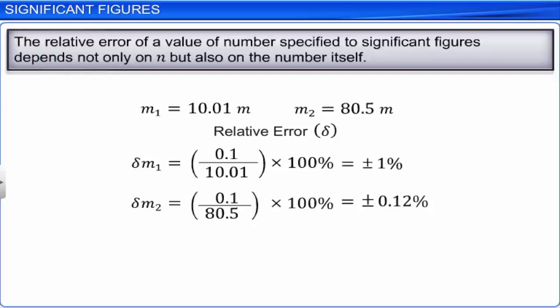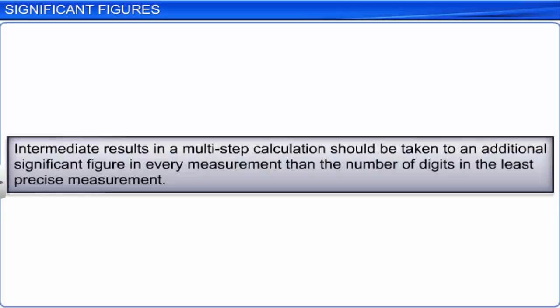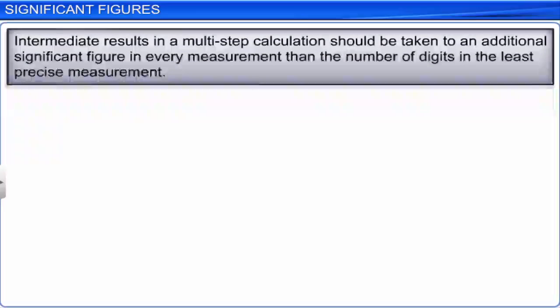Another important point to remember with significant figures is that intermediate results in a multi-step calculation should be taken to an additional significant figure in every measurement than the number of digits in the least precise measurement. Consider a number, say 6.55. The reciprocal of 6.55 taken to the same number of significant digits, that is, 3, is 0.152.